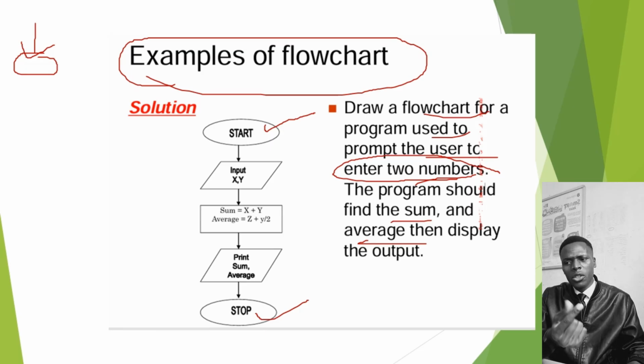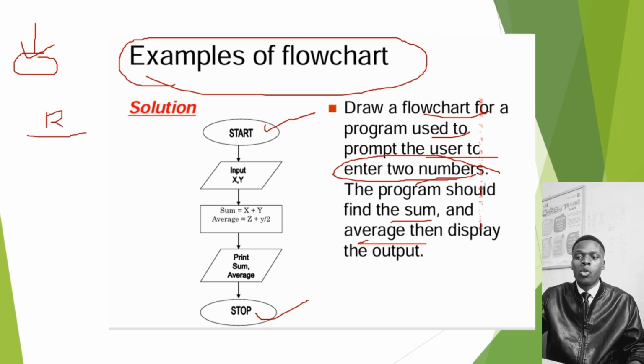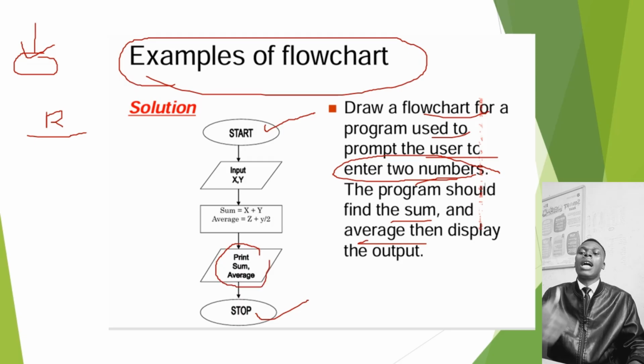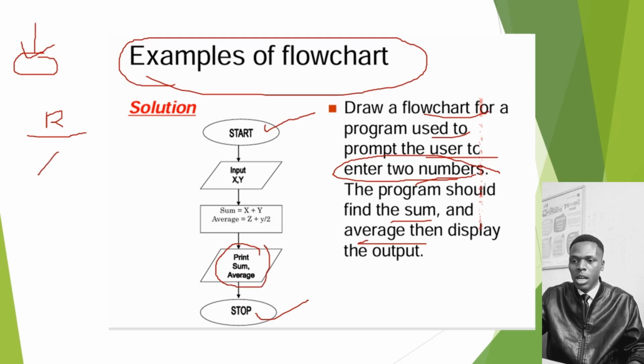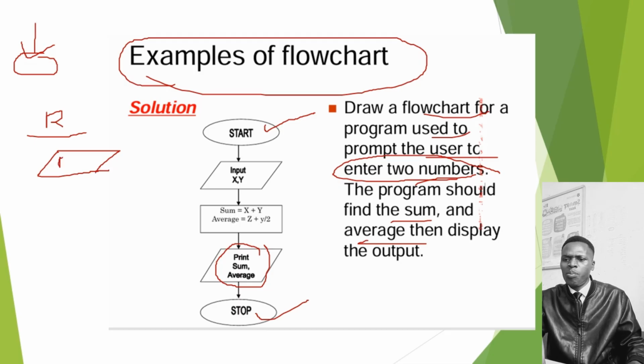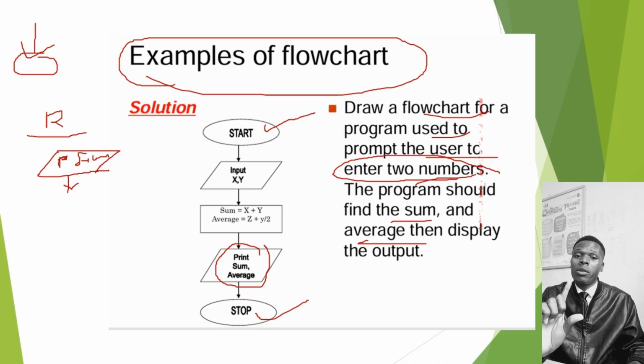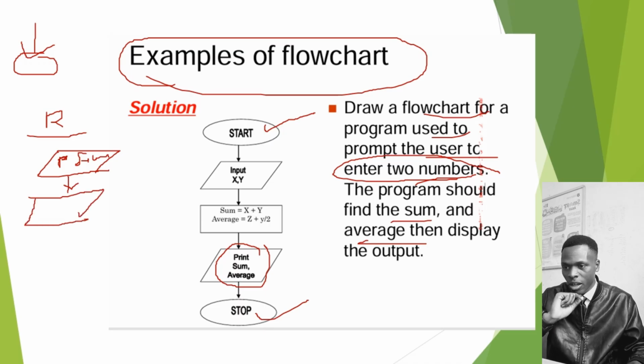How do repetitions come? Here we are supposed to output the sum, and here we are saying display the output. We are supposed to display the output of the sum because we have calculated the sum, and also for the average. Remember, the symbol for output is a parallelogram, like what we have written here.